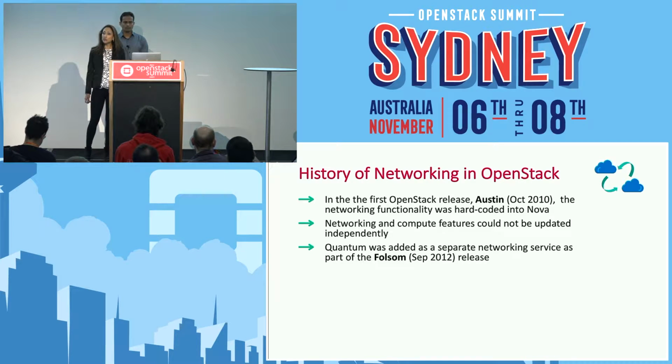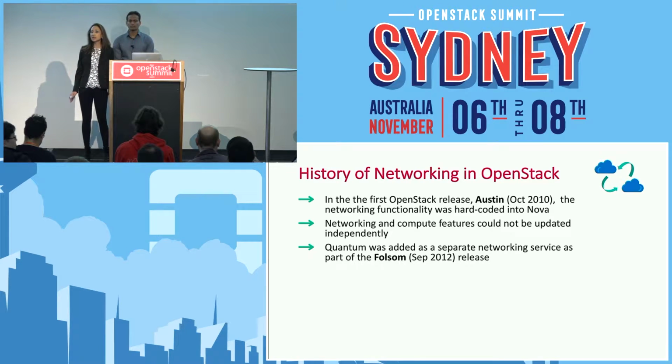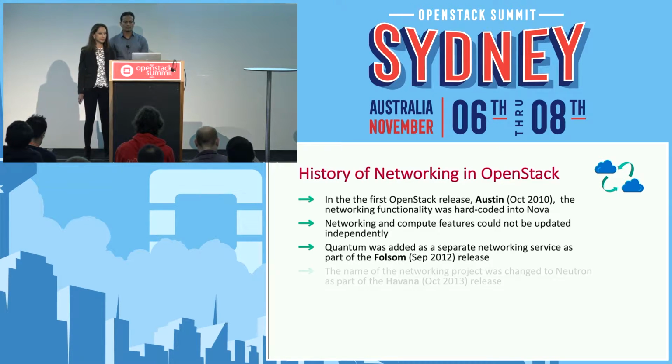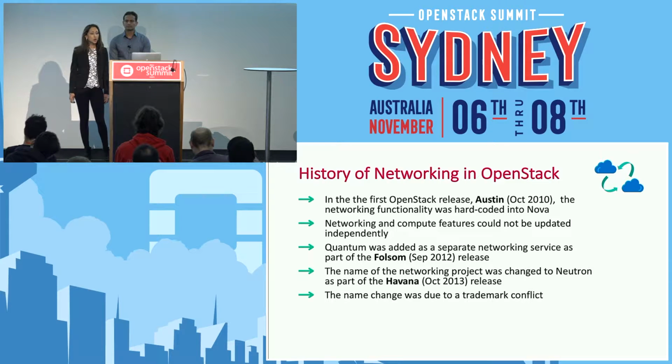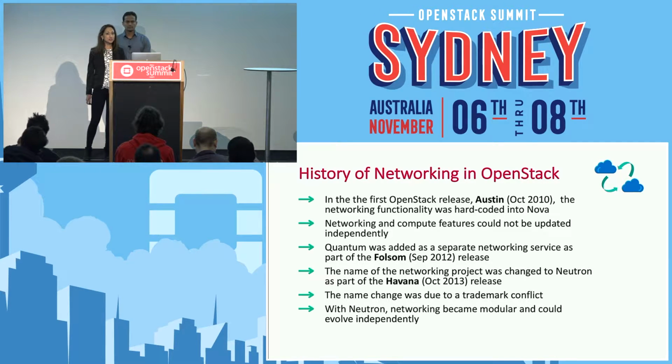However, by the Folsom release in 2012, a new networking service was introduced, and this service was called Quantum. The name of the networking service was changed from Quantum to Neutron as part of the Havana release in 2013. This name change was due to a trademark conflict with a manufacturer of backup systems. So with the introduction of Neutron, networking became modular and could be evolved independently.